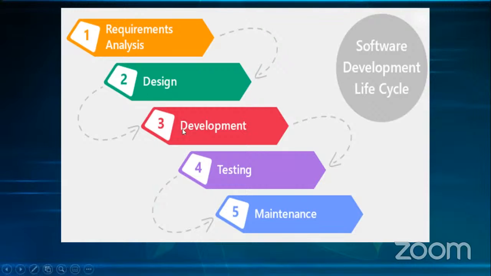Then these guys start coding. After the coding, it goes to testing. After testing, we do the maintenance in terms of the deployment process, support to the client. This is mainly the life cycle of software development.